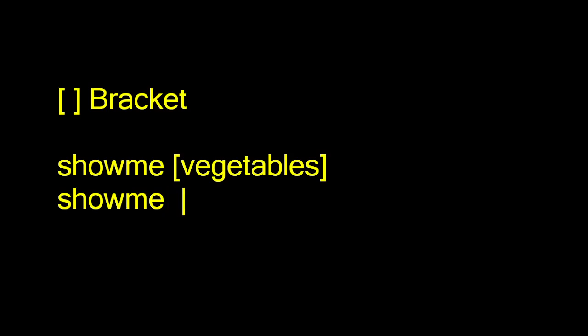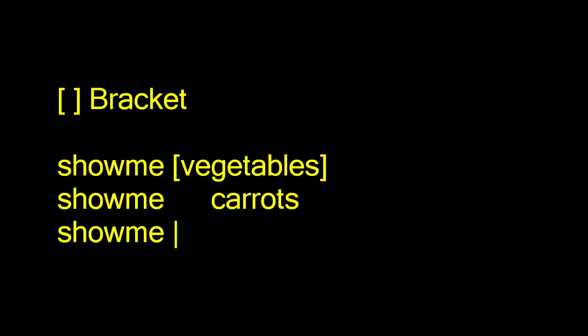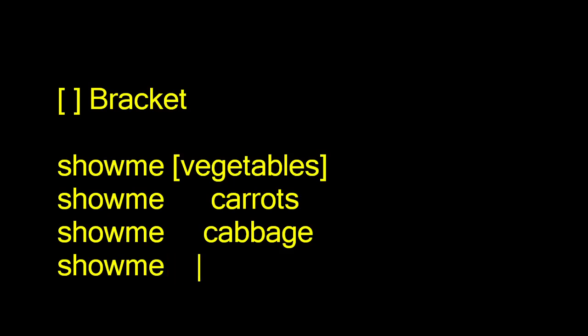Then show me what? The bracket is asking about vegetables. So you have to type carrots. Okay? So show me carrots. Show me, this is how you run that command. Show me cabbage. Show me dog.